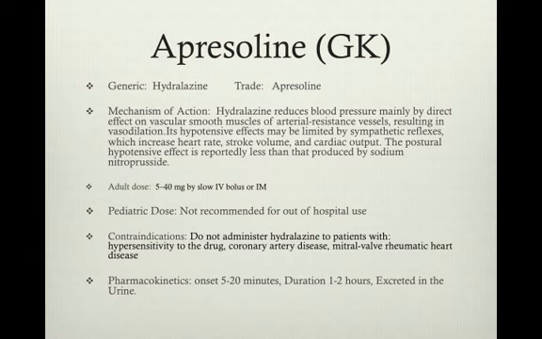Directly affects the vascular smooth muscle of arterial resistant vessels, resulting in vasodilation. Its hypotensive effects may be limited by sympathetic reflexes, which increase the heart rate, stroke volume, and cardiac output. The postural hypotensive effect is reportedly less than produced by sodium nitroprusside. Very simply on this, general knowledge, I just need you to know the mechanism of action.